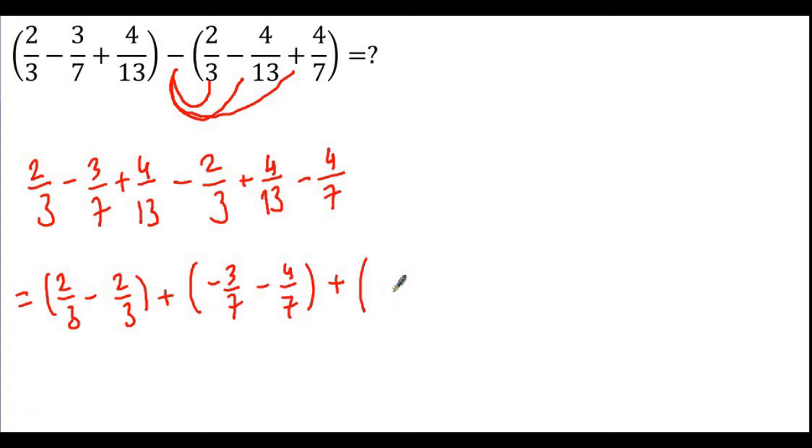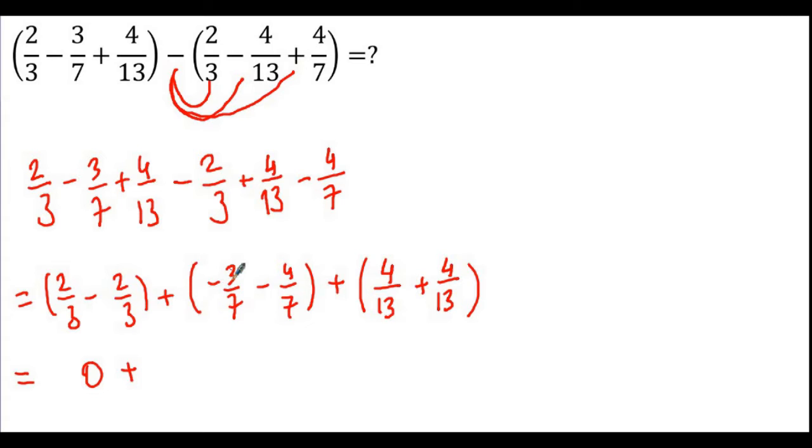Alright, so 4 over 13 plus 4 over 13. We have two 4 over 13s. And here we have the exact same fraction, so the result is going to be 0. 2 minus 2 is 0. 0 over 3 is 0. Alright, this is 0.